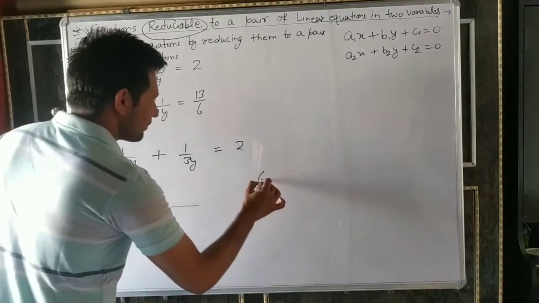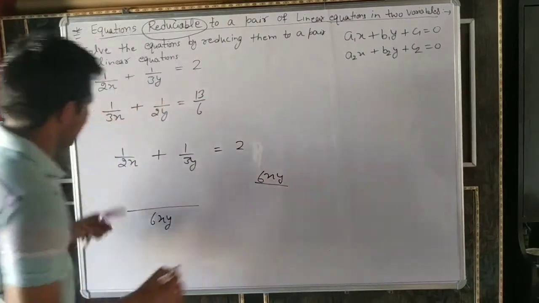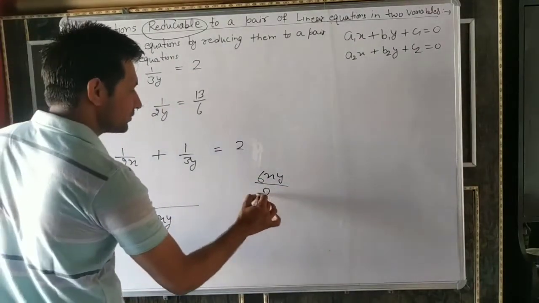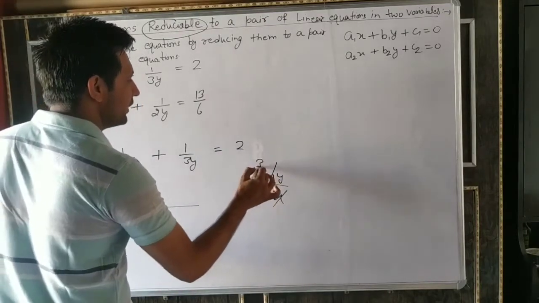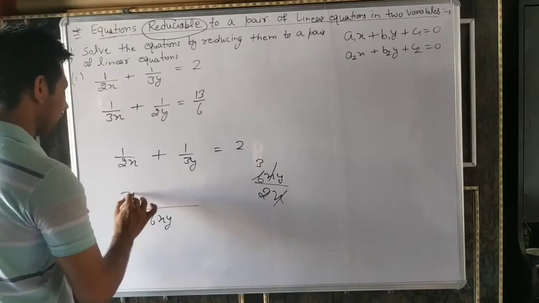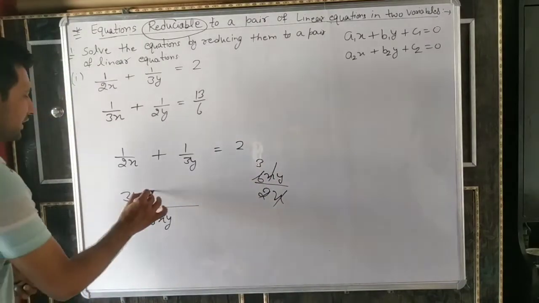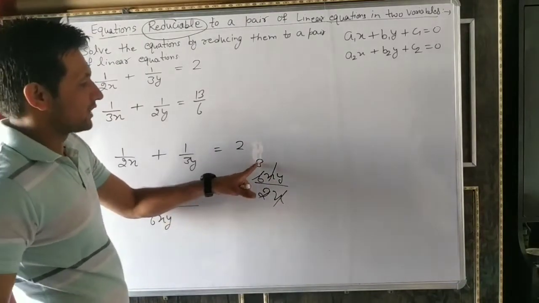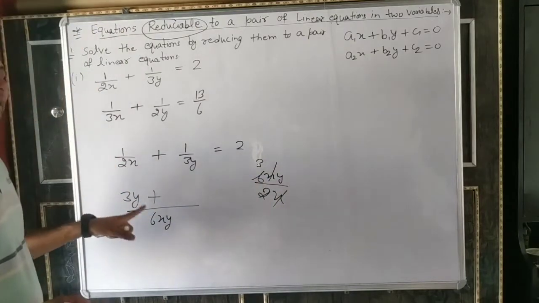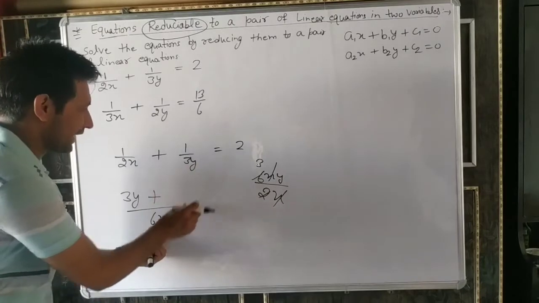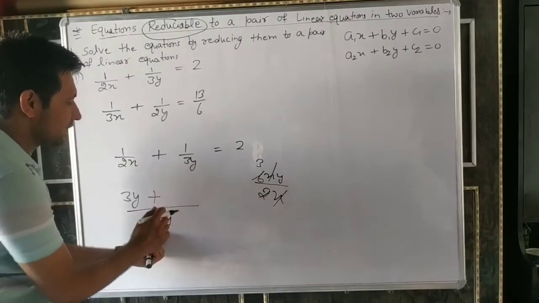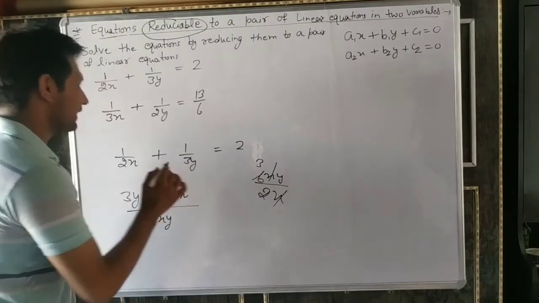Now how will we solve it? LCM divided by denominator: 6xy divided by 2x, x cancels x, so what remains? 3, so we get 3y. Next, 6xy divided by 3y, y cancels y, 6 cancels by 3, so we get 2x.